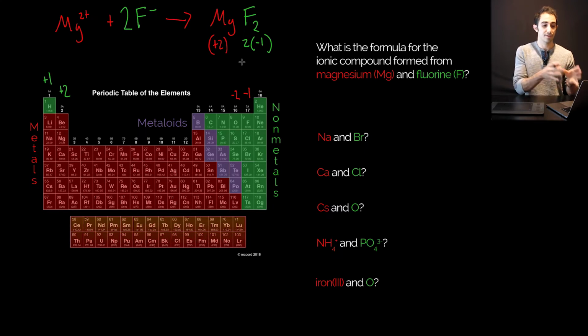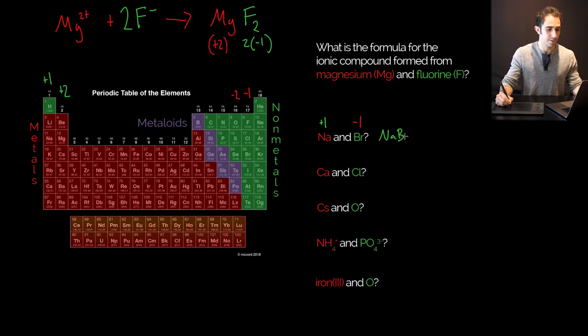So now let's do that for this entire set of atoms. So sodium and bromine. We're going to find sodium in +1. We're going to find bromine in 7A, so -1. And so that's going to get us NaBr. Calcium, we're going to find it in 2A, so that's going to be a +2.